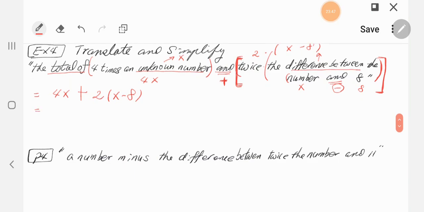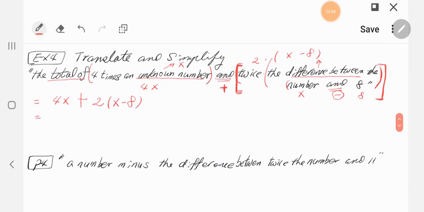All right, then from this expression, let's simplify. Okay, we got to use the distribution, right? Distribution. 2 times x, so plus 2x. 2 times minus 8, negative 8, so minus 16. And then combine the like terms. Combine these 2 terms. 4 plus 2 is 6.